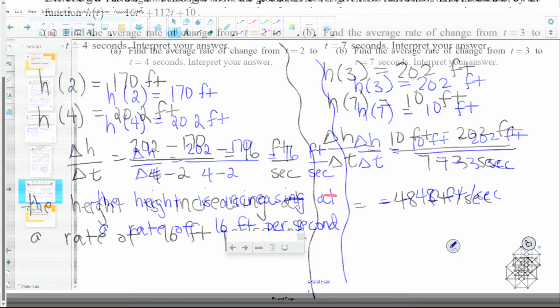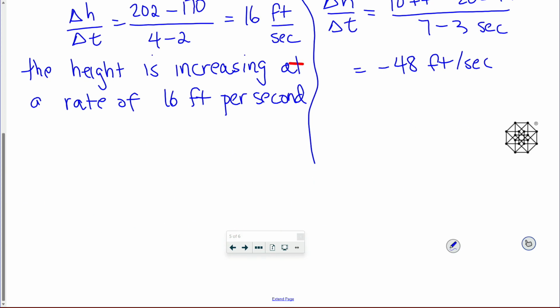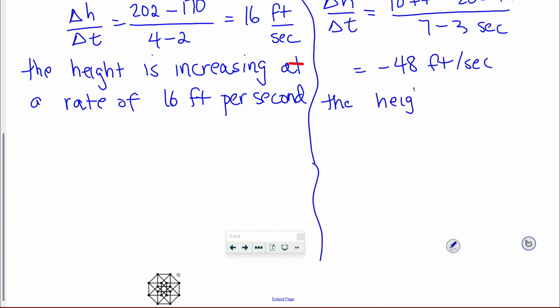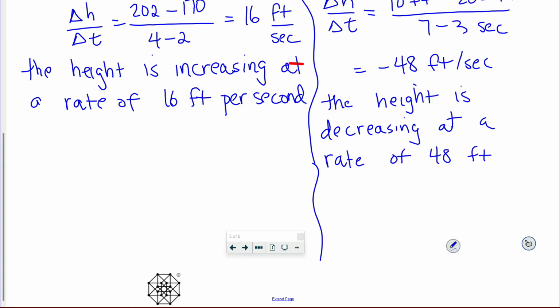And let's do an interpretation on that. Extend the page so I have a little bit of room. So now I can say the height is decreasing at a rate of 48 feet per second.